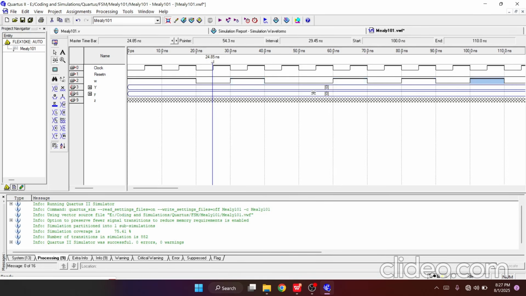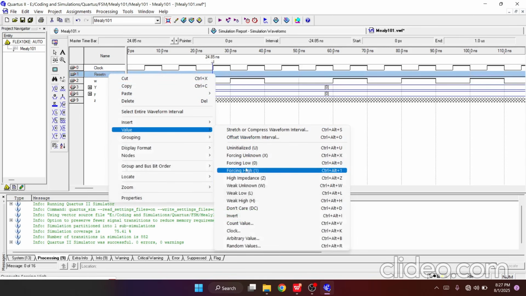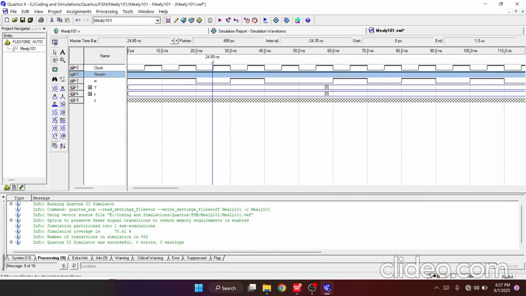1 1 0 1 0 0 1 0 1 0 1. Forcing high. Okay, so now this should work.